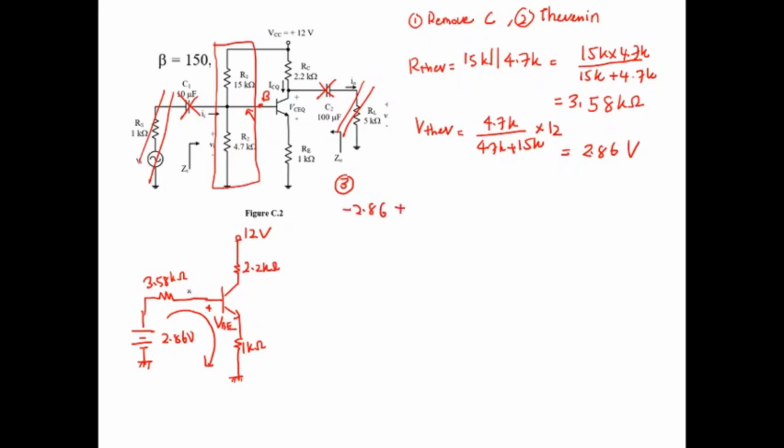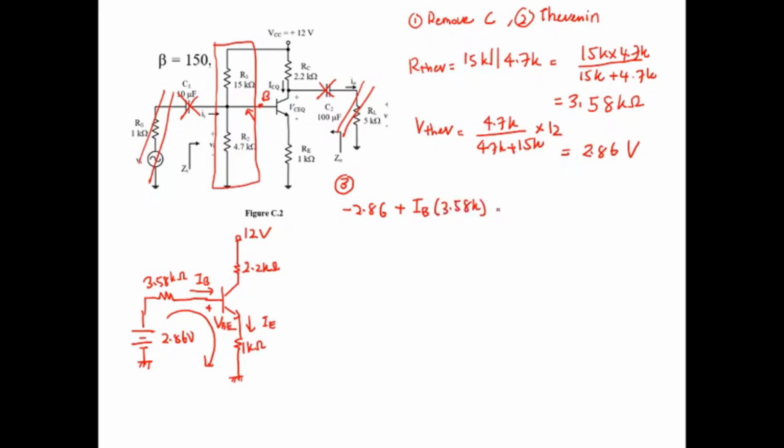Here I suggest you draw the current direction. So the base is inside, and then we have the emitter here.